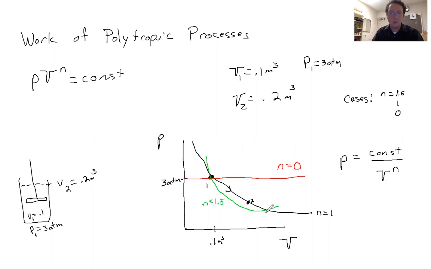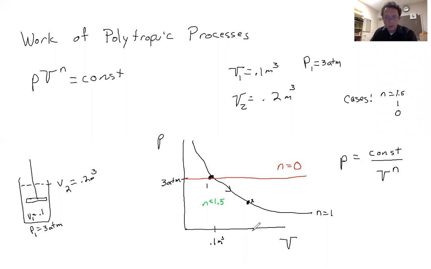I've exaggerated here, but it'll cross over here. So in the green situation, the second point will be over here, whereas in the red situation, at constant pressure, state 2 would be, I'm sorry, I'm really off my game. The green one, what I know is that the volume is doubled.